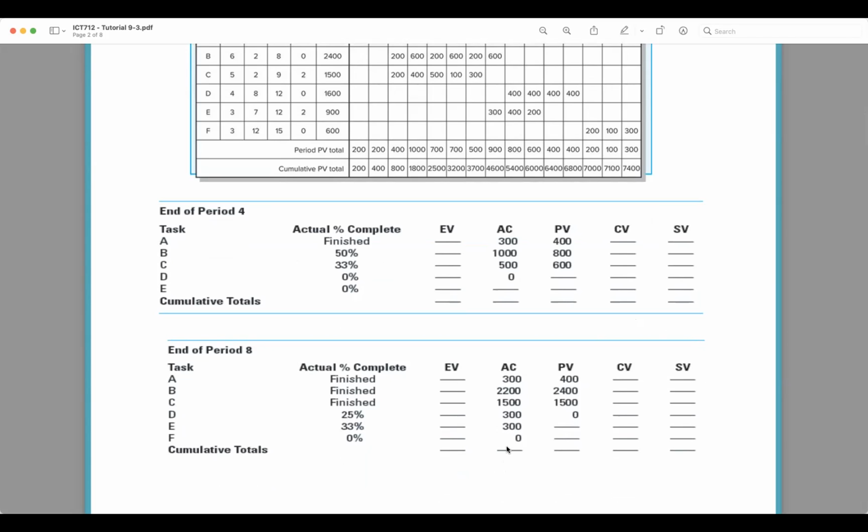Think again. Oh, sorry. 4600. Great. What about here? 4300. Think again. 4,600. Okay. And what about here and here?